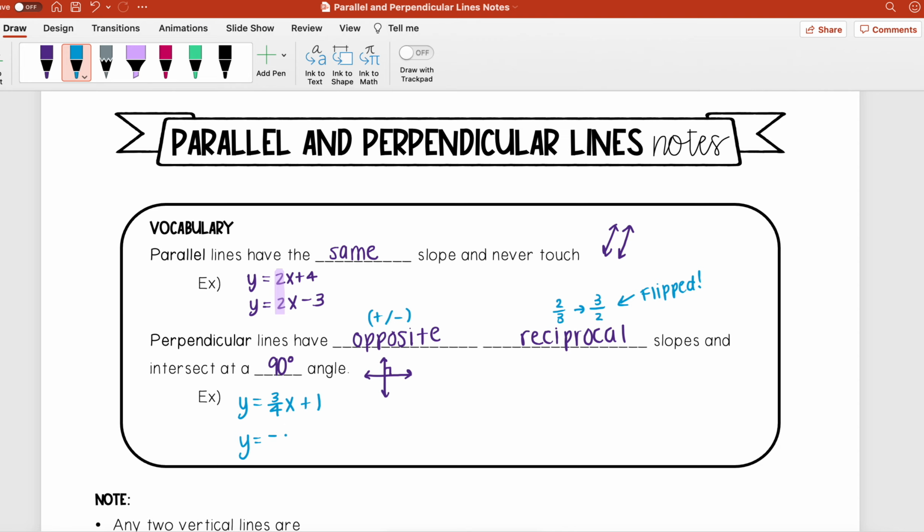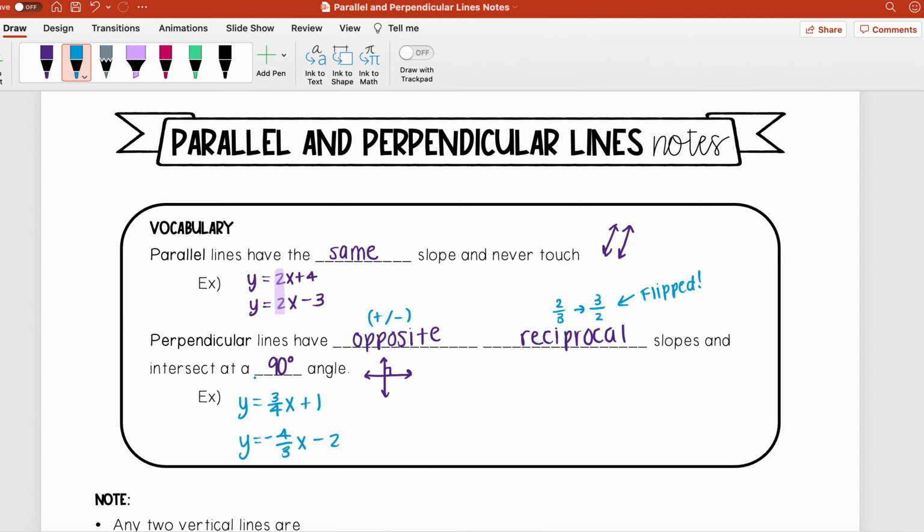So instead of 3/4, it would be negative 4/3 x minus 2. And so I see they have opposite slopes. One's positive, the other's negative. Let's make that negative sign a little more clear. And I see that their slopes are flipped.